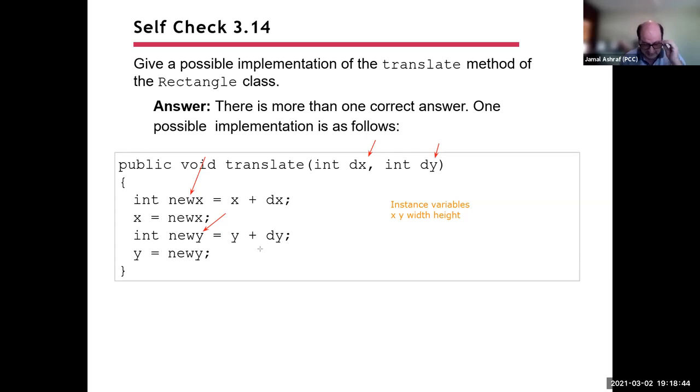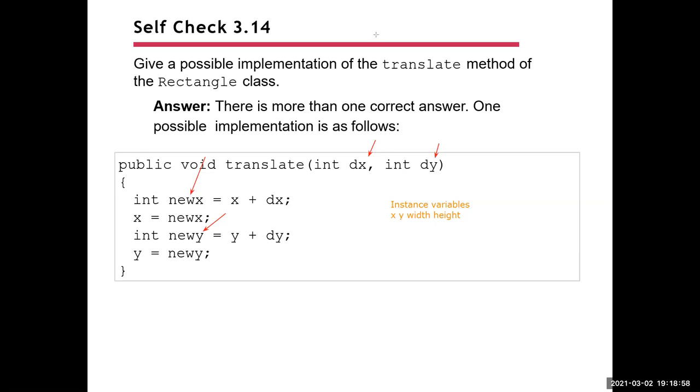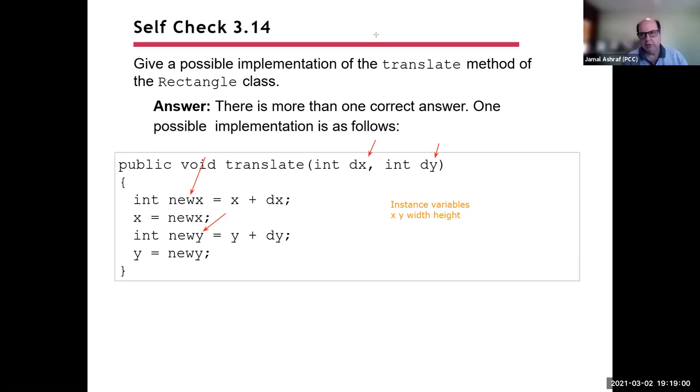So Brian was asking about the shadowing in the previous one. So if you have a local variable with the same name as your instance variable, it's going to use the local variable. You can use the this keyword, right? Yeah, we're going to get to that in a minute. Yeah, you're right.